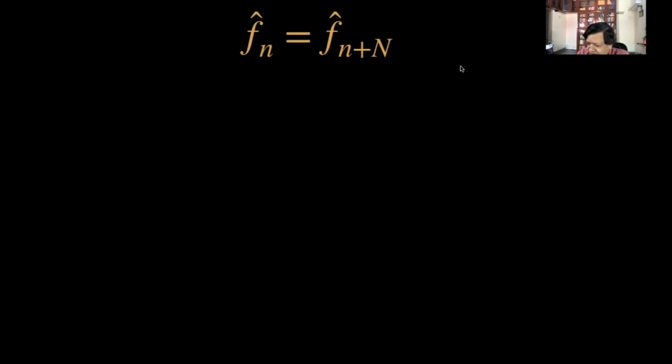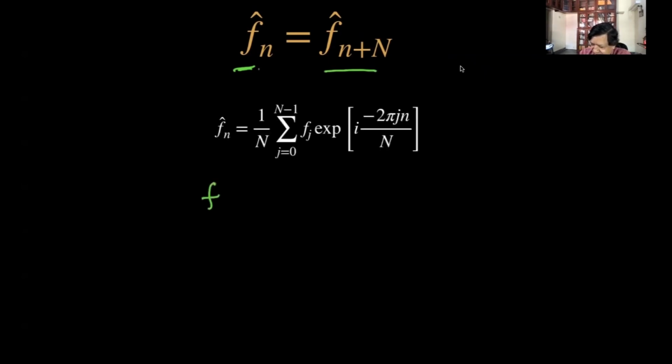So these Fourier transforms, f hat, satisfy certain properties. One property is that f hat n is the same as f hat n plus N. How do I show it? Just straightforward. f hat of n plus N: everything remains the same except the exponential. Inside the exponential, what do I get?